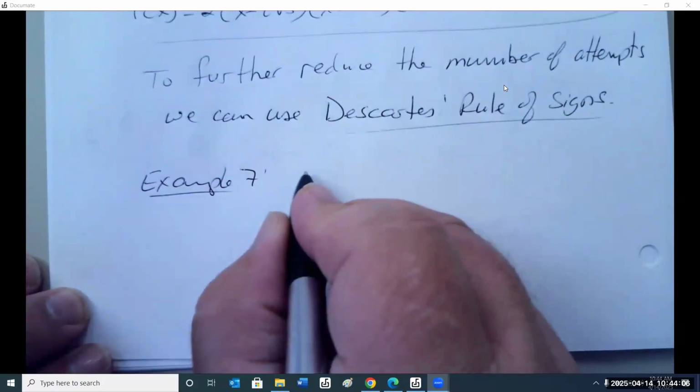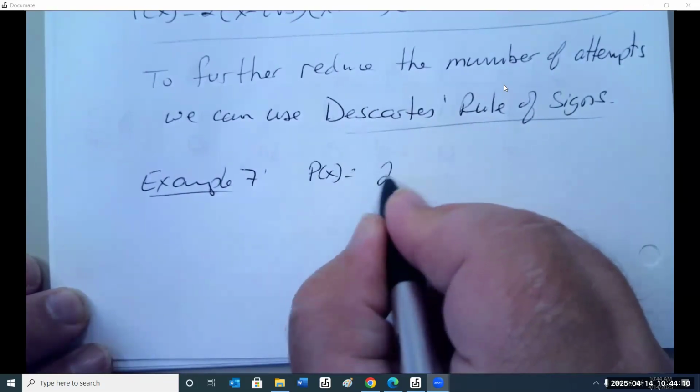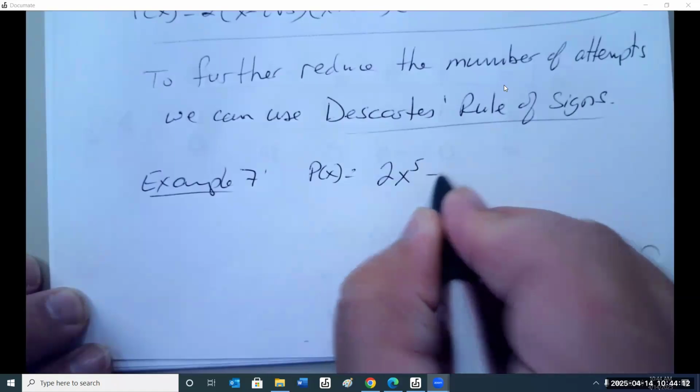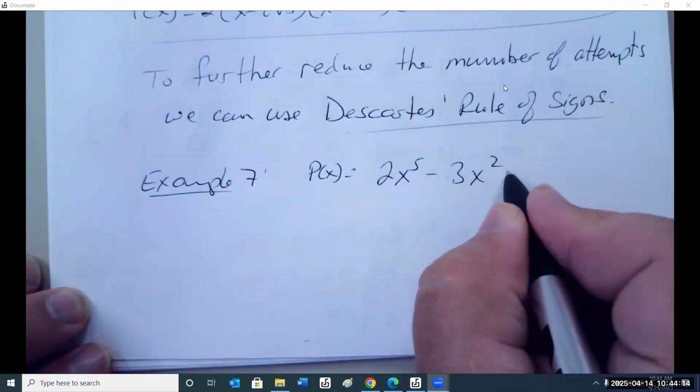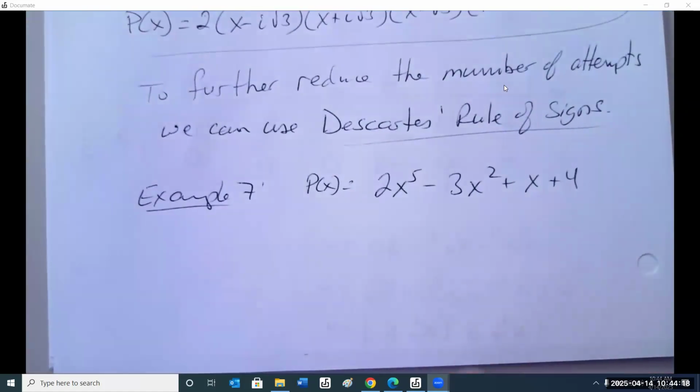Example 7. Here's Descartes' rule of signs. Here's our polynomial: 2x to the 5th minus 3x squared plus x plus 4. Descartes' rule of signs says that we count the number of sign changes we have.